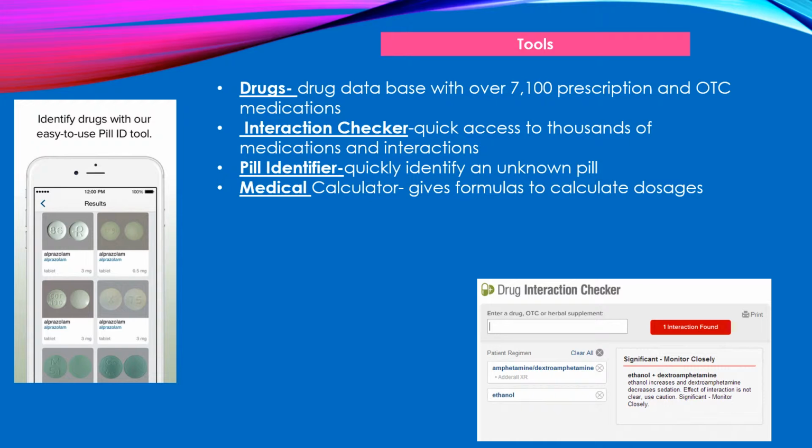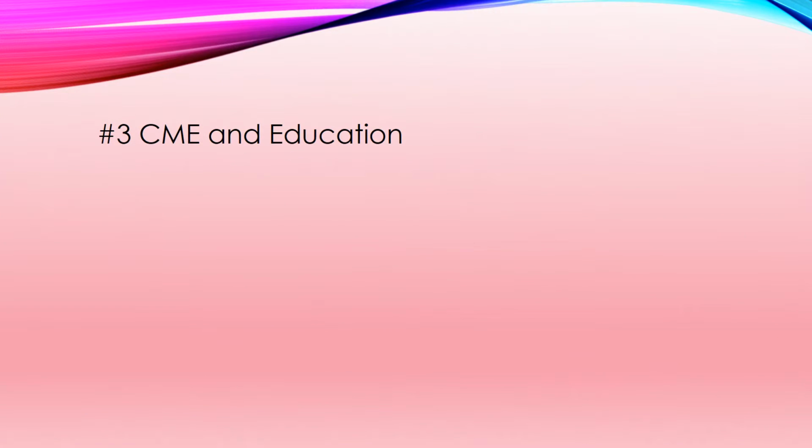In the example below, 2 meds were selected and 1 interaction was found. The pill identifier allows the nurse to quickly identify an unknown pill. The medical calculator gives formulas and scales to properly calculate medication dosages and infusion rates. These are very useful tools to a nurse in a clinical setting.